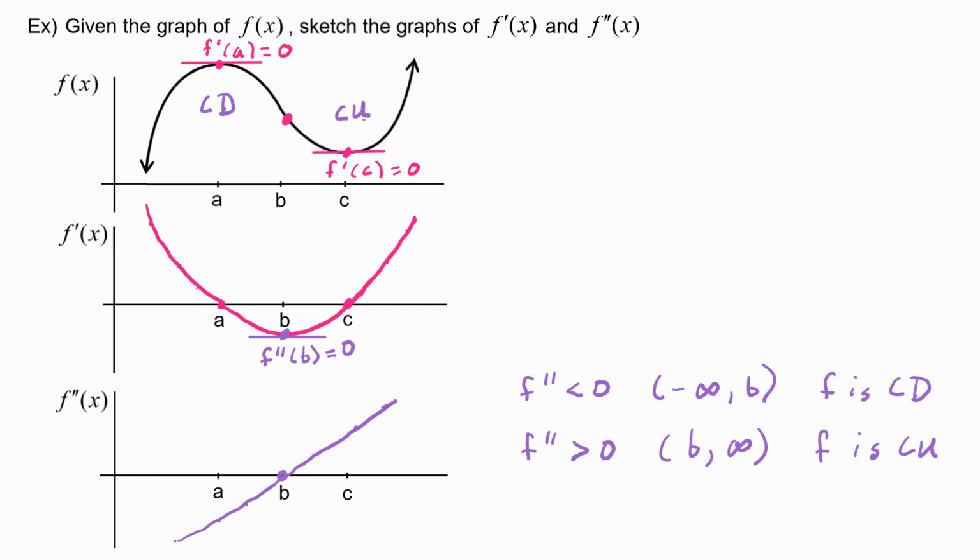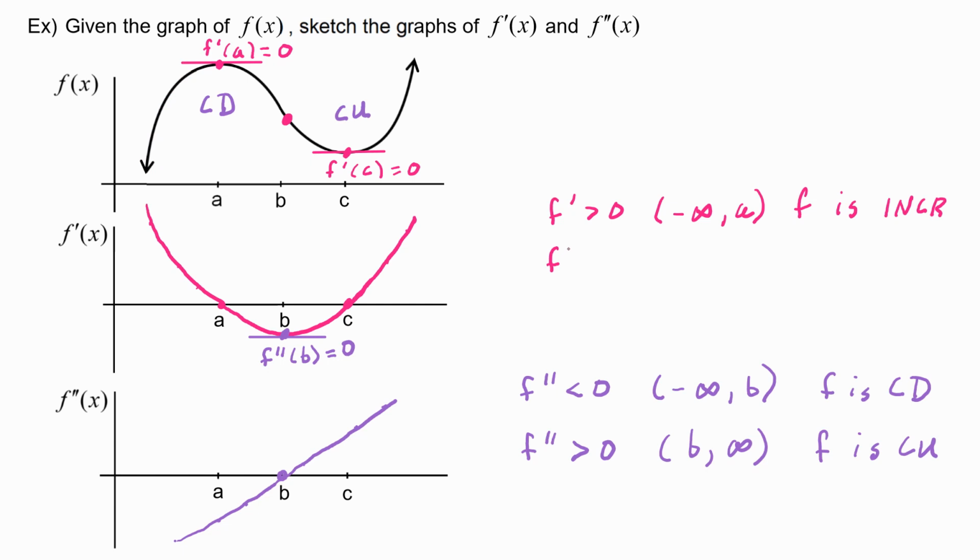You can also do the same with the graph of f prime. Wherever f prime is positive, the graph of f should be increasing. So f prime is positive from negative infinity to a, and we see on the graph of f, from negative infinity to a, f is increasing. So that makes sense.